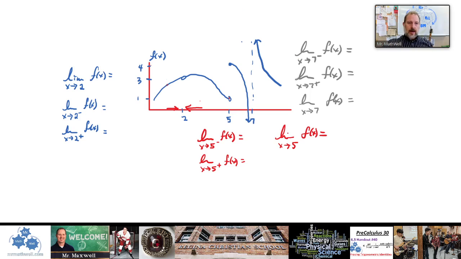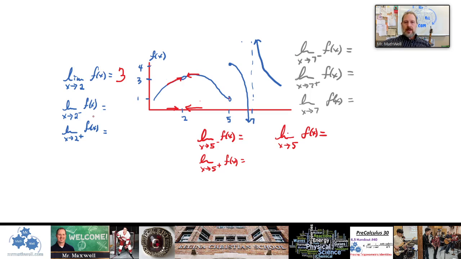And of course, the graph here is approaching this point, which has a value of 3. So yes, the limit of the function as x approaches 2 is 3. And that's what we've studied before. We know this. That shouldn't be an issue, okay? When x is very close to 2, y is very close to 3.